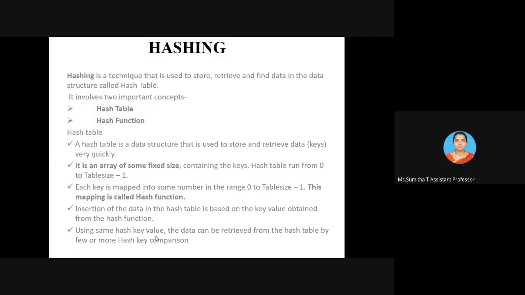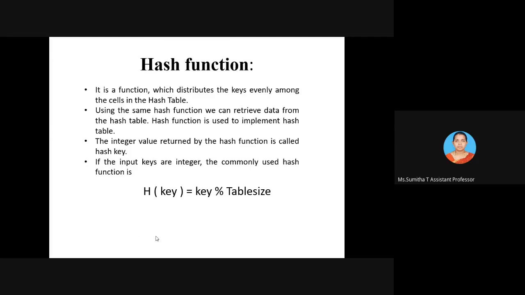Now the hash function, how we can do it. With the help of this only, we can insert the data into the table. So we'll see how we can go with the hash function. This is a function which distributes the keys evenly among the cells in the hash table.